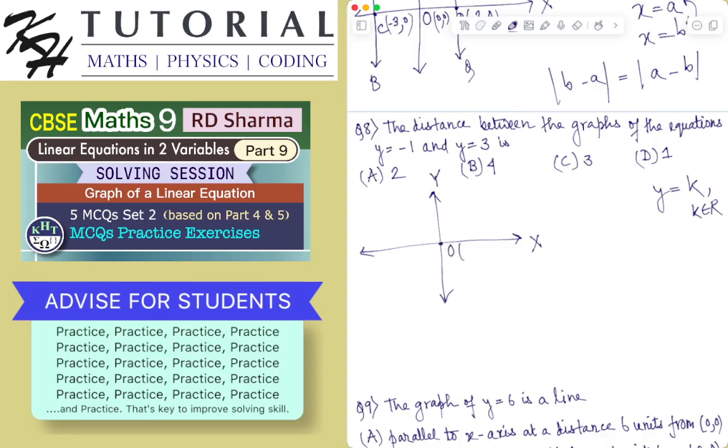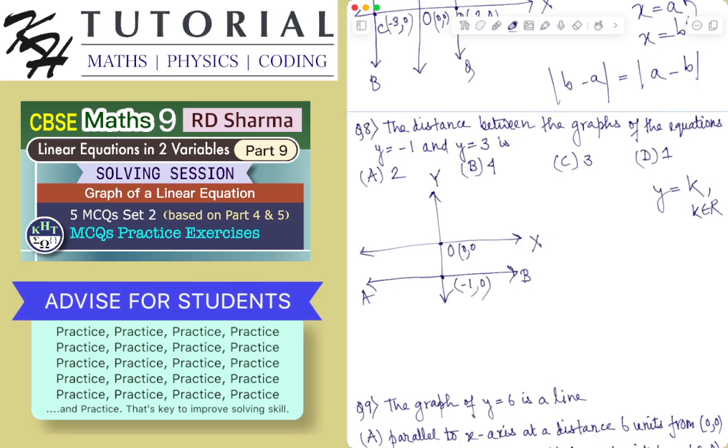So this is the origin (0, 0). You take a distance of 1 below the origin. Let's say this line AB is the graph of the equation y equals -1, and this point will be (0, -1).